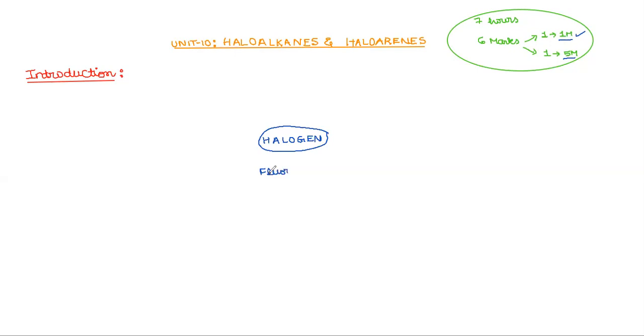It is the first one, fluorine, represented by the symbol F, chlorine, Cl, bromine, Br, and iodine, represented by capital I. Now these are the important halogens.